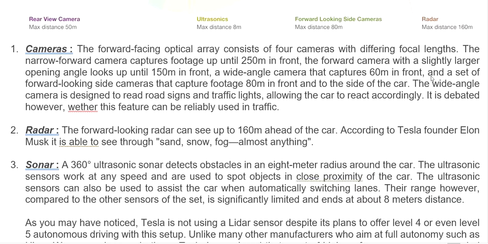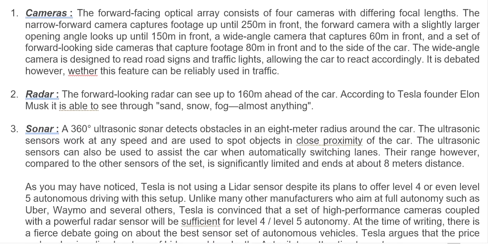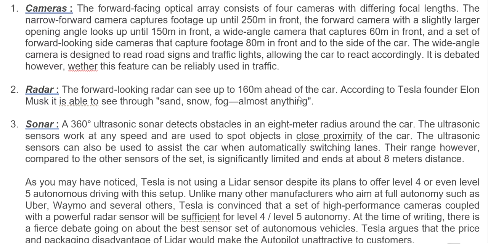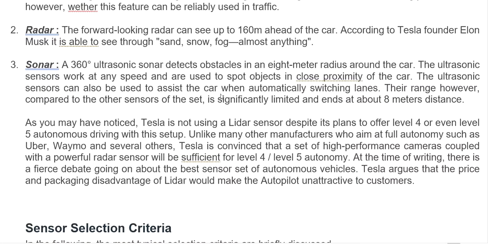A set of forward-looking side cameras captures footage 80 meters in front. The forward radar can see up to 160 meters ahead of the car. And they use 360 ultrasonic sonar to detect obstacles in the 8 meter radius around the car.